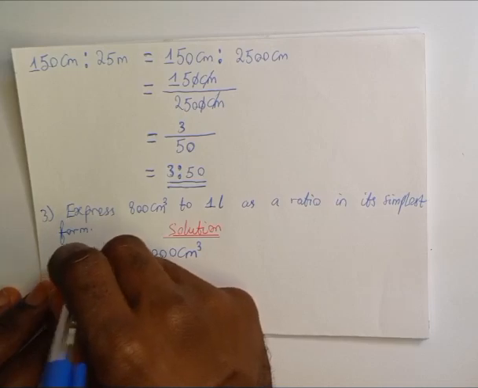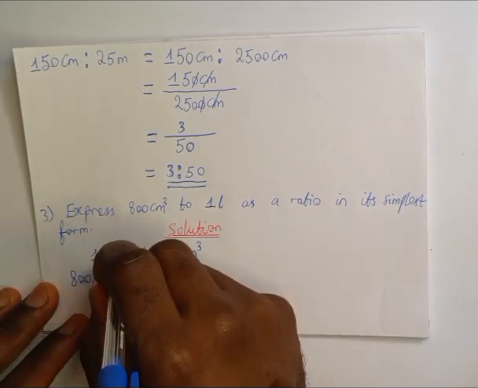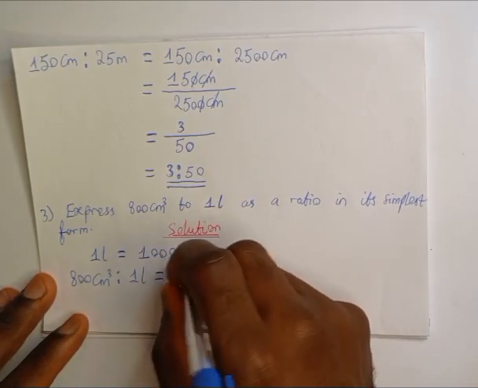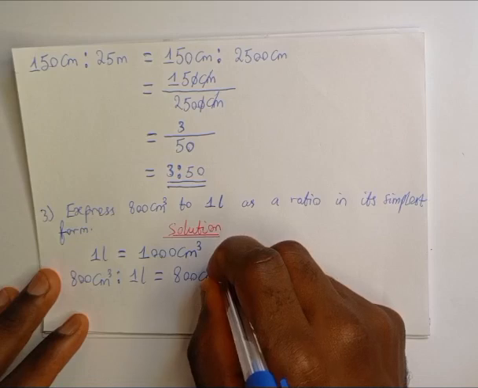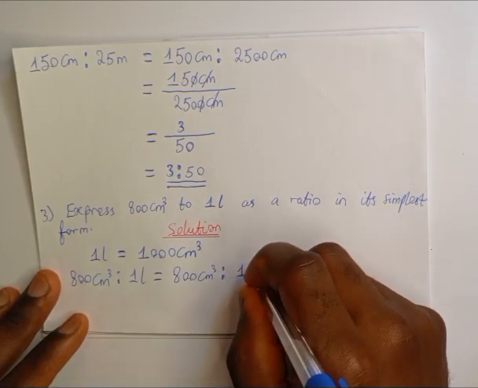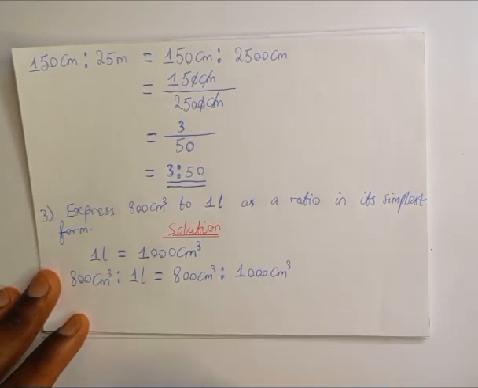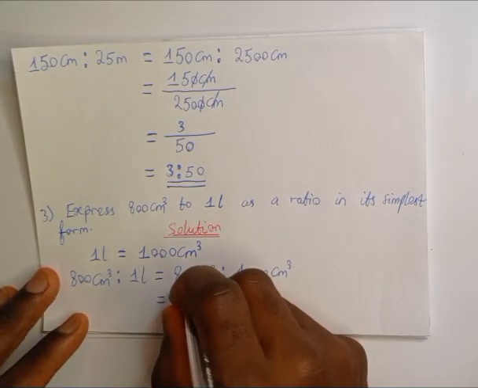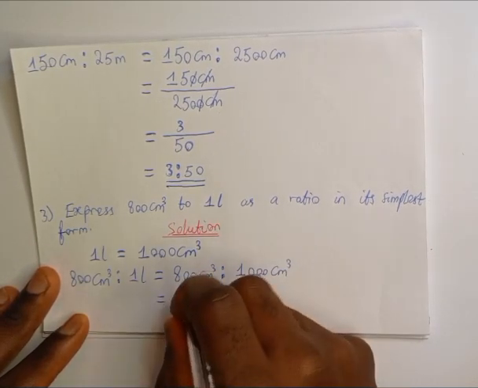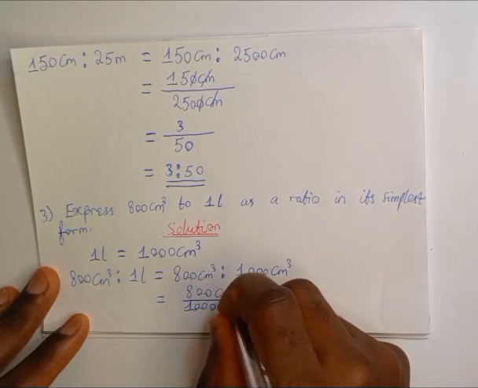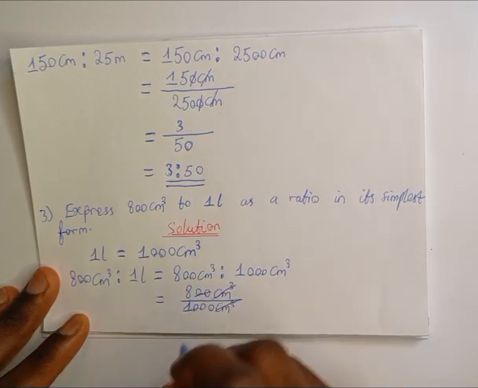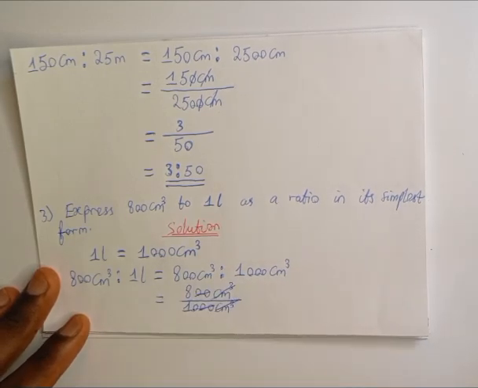If we take the given problem, 800 centimeters cube to 1 liter will simply be equal to 800 centimeters cube to 1 liter, which is 1000 centimeters cube. And this will simply be equal to 800 centimeters cube all over 1000 centimeters cube. The centimeters cube will strike off. The 2 zeros at the numerator will strike off 2 zeros at the denominator.